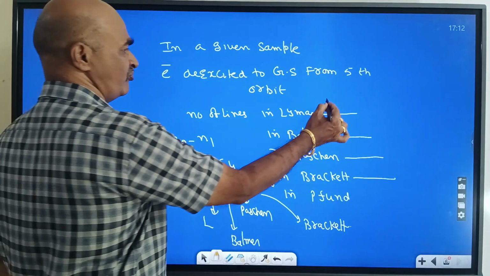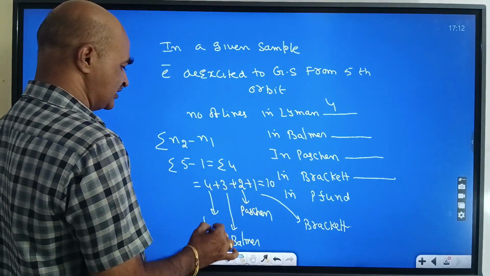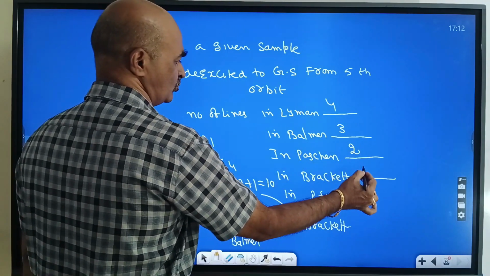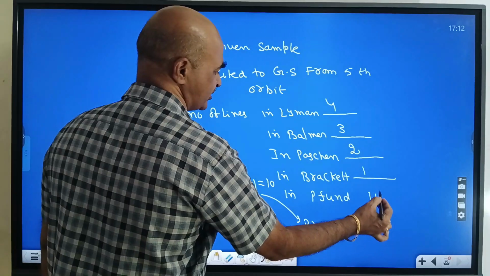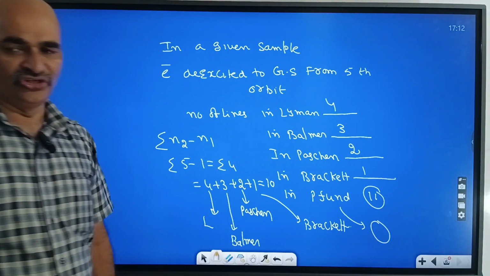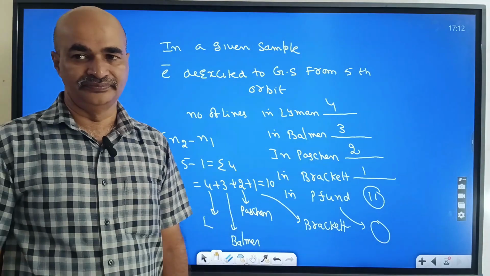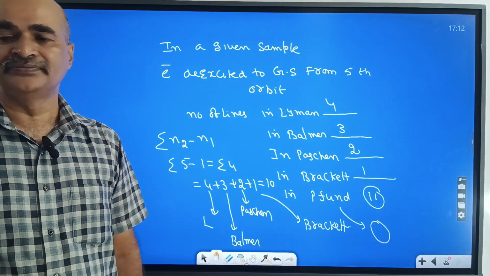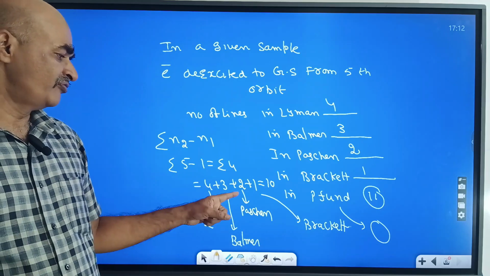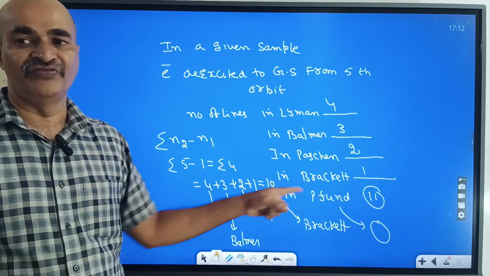In the Pfund series, the number of lines formed is 0.